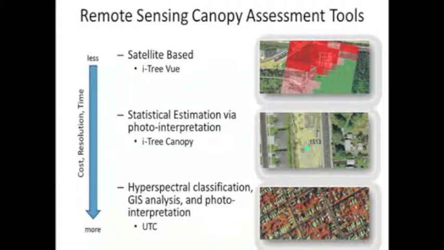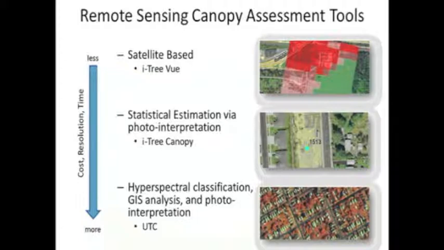We're talking about View and Canopy here from the i-Tree application suite. We've got two remote sensing tools. Canopy is basically a statistical estimation via photo interpretation, and we're actually using Google Maps there, which Dave will show in a little bit. View is using Landsat data as the base data, which has been worked into a product called the NLCD, and I'll talk about that here in a minute.